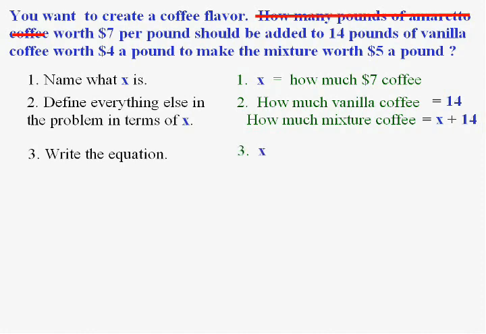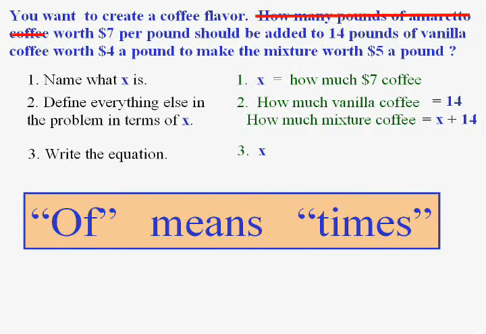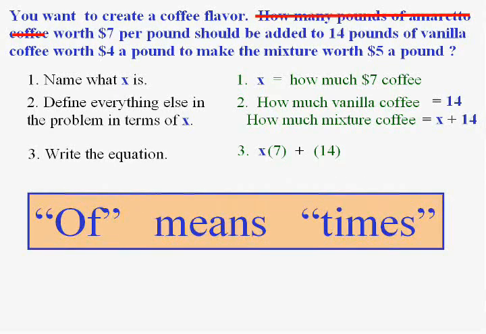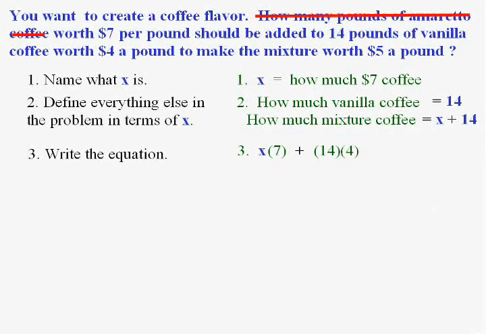How much of means times, so how much times the $7 a pound coffee must be added to 14 pounds of means times, so I'll multiply the $4 a pound coffee to get, that's equals to get, now what's my amount now? X plus 14, and my new type is $5 a pound. It's not so bad, is it? Go ahead. Make my day.